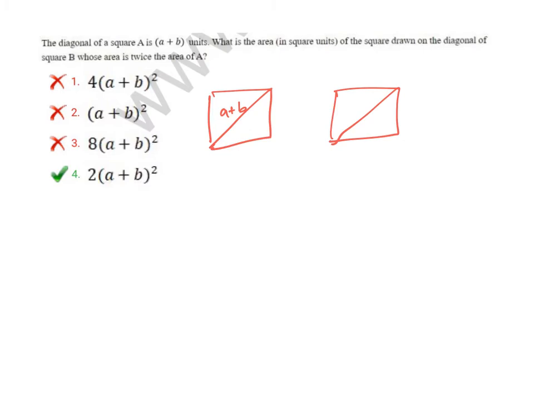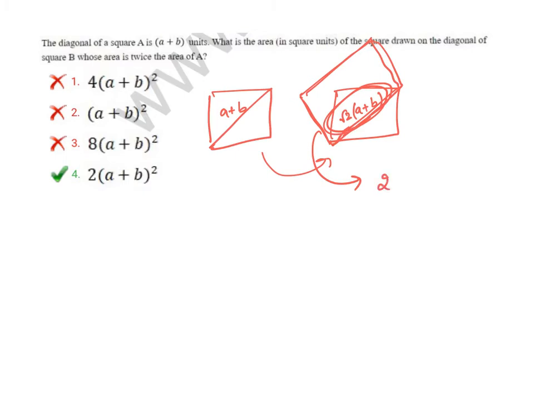So if the area is twice, the diagonal will be root 2 times A plus B. So what is the area of a square which is drawn on the diagonal of A plus B? Root 2 (A plus B). Side is root 2 (A plus B), which means area becomes side square, that is 2 into (A plus B) whole square. Area twice means diagonal will be root 2 times. That's the important thing in this.